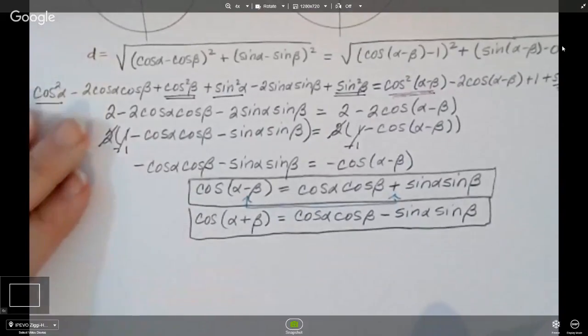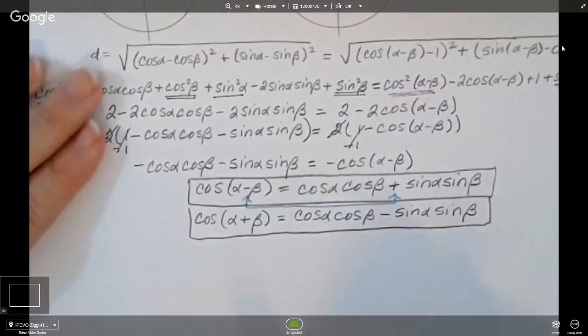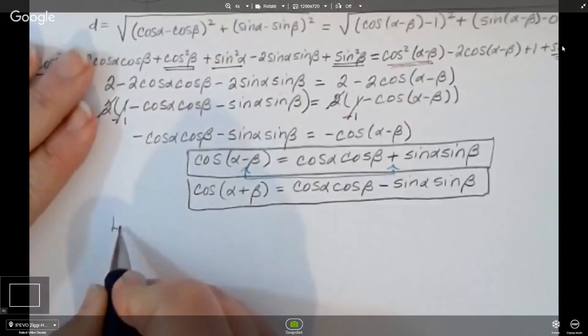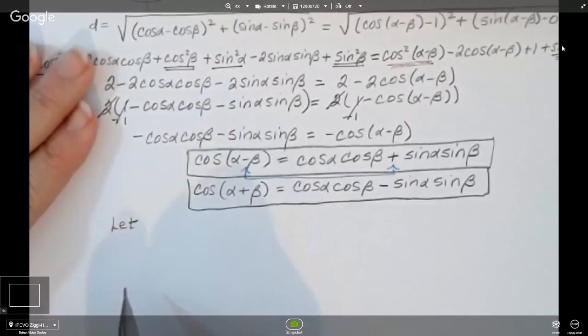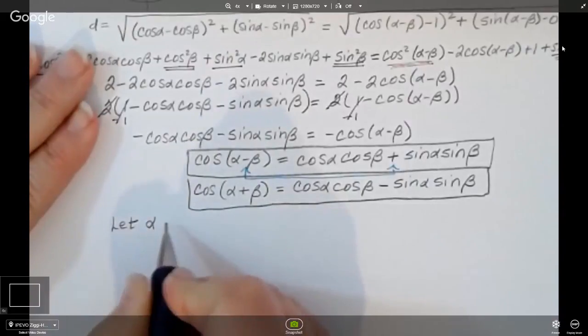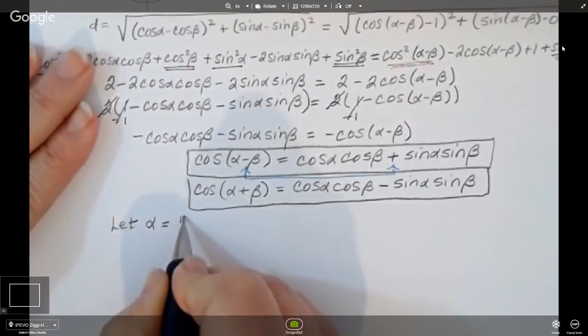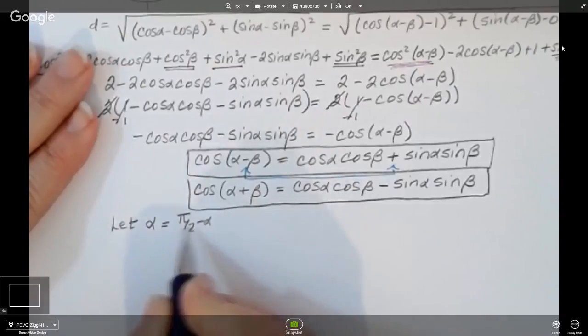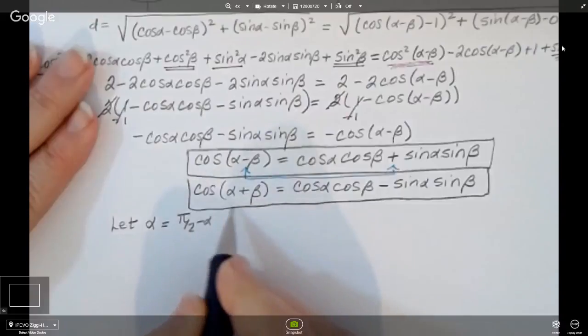Well, I'm going to make a little bit of a circular argument here, but hopefully you can go with me. I'm going to suggest that we change alpha to another angle called pi over 2 minus alpha. Now, these two alphas are different, but I want to keep the alpha in the formula here.